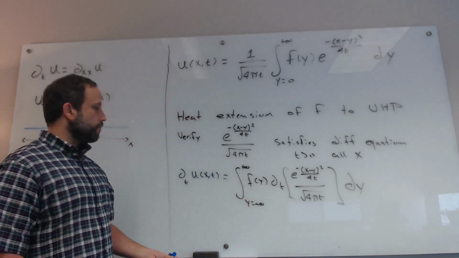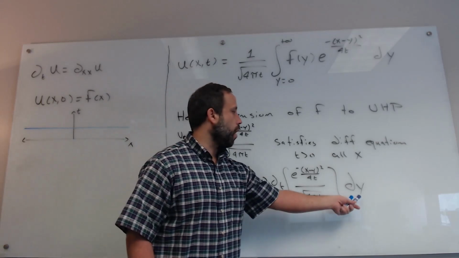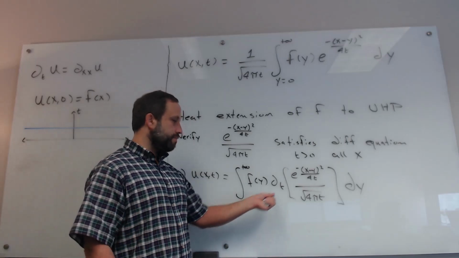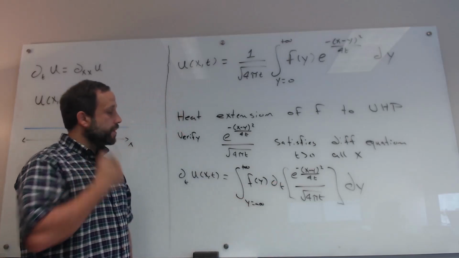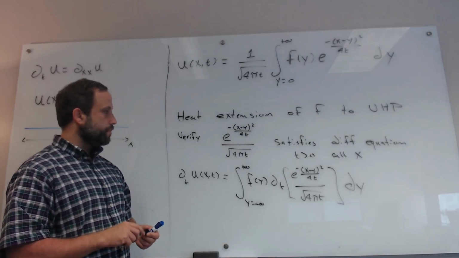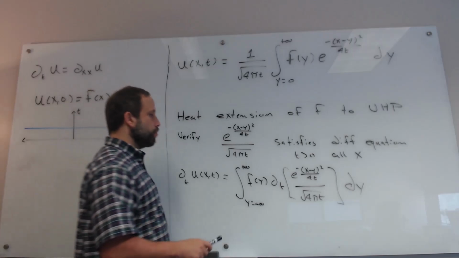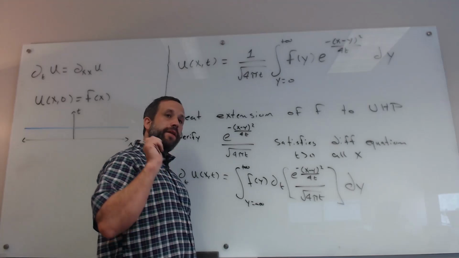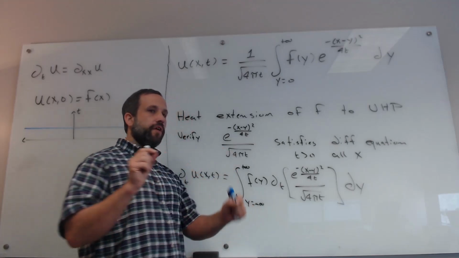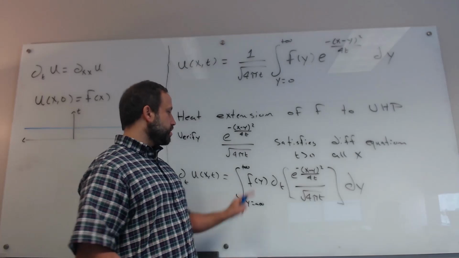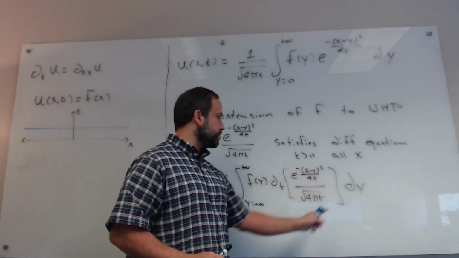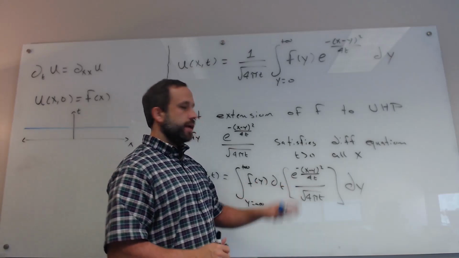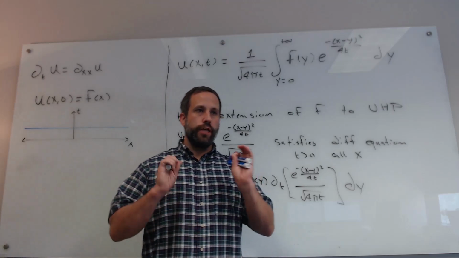The first thing that tells us we should be able to do this is that it is a y integration, and the bounds don't depend on t. That's what lets us naively put the t derivative on the inside. But to prove that we can do this in general, we need to find a function of y, which can depend on y and x but is independent of t, such that it is bigger than this derivative, and f of y times that function is integrable.